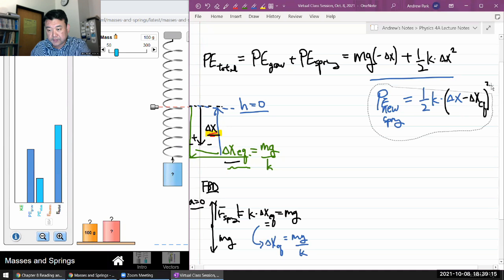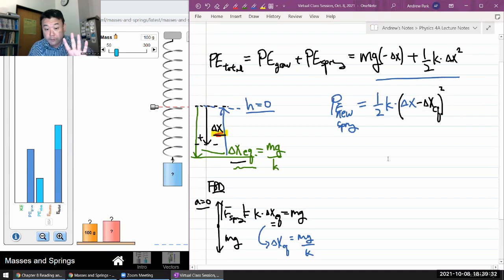And we can check that. The way we would check is we plug in delta x equals delta x equilibrium. Then I have delta x equilibrium minus delta x equilibrium, 0, 0 squared, 0. So 0 seems pretty small. So good. So this is what I think I can show my new spring potential energy to be.